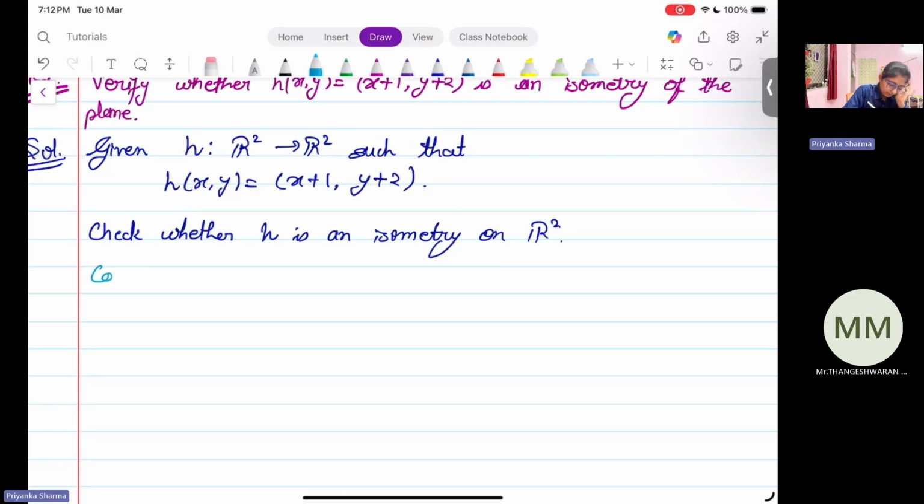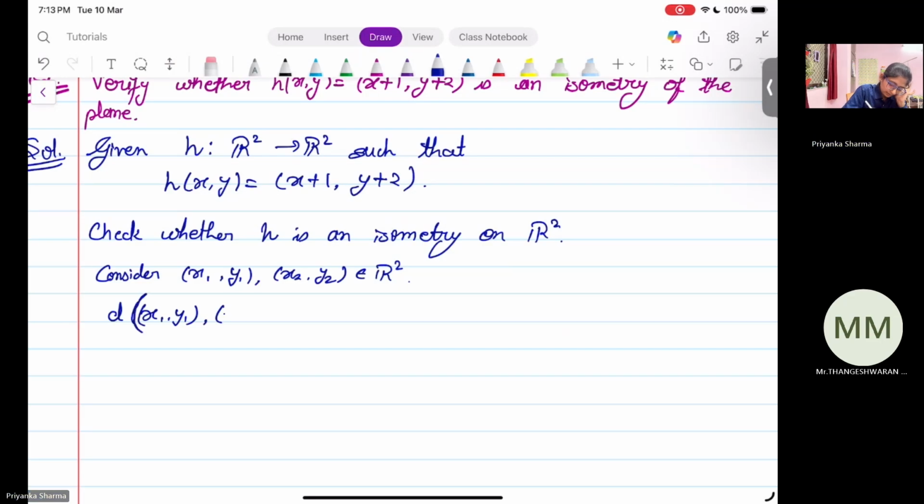So consider two points (x1, y1) and (x2, y2) in R square. What will be the distance between (x1, y1) and (x2, y2)?